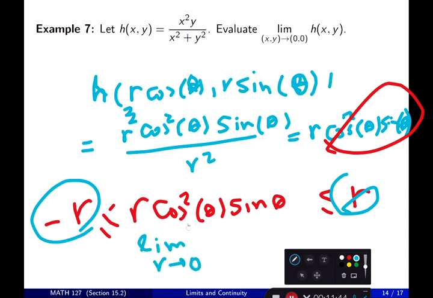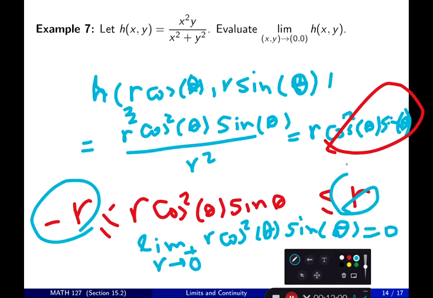So basically we're using the information that we got from calculus of single variable: the limit of r as r approaches 0 is 0, the limit of -r as r approaches 0 is 0, therefore the limit in between is 0.